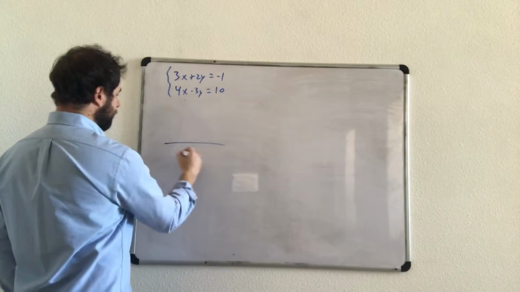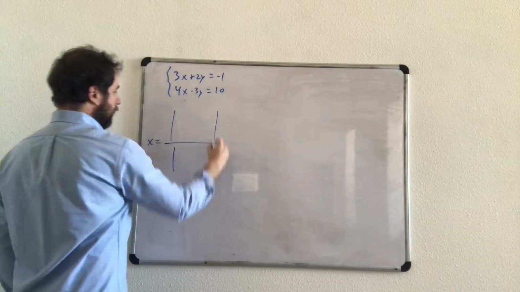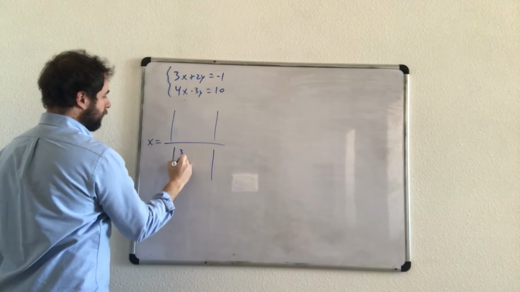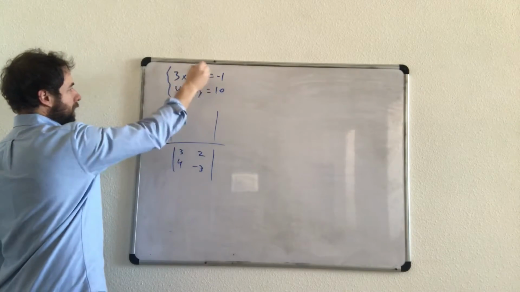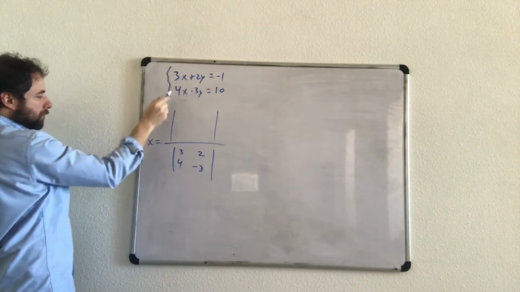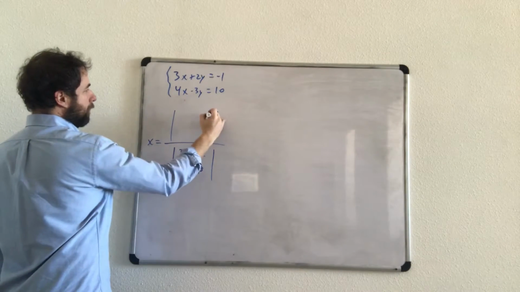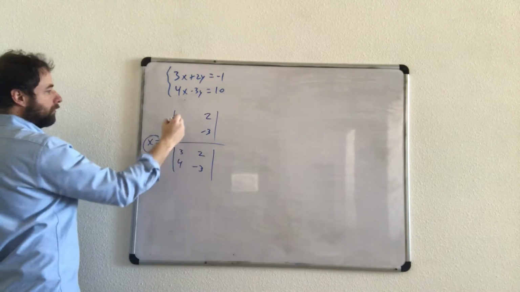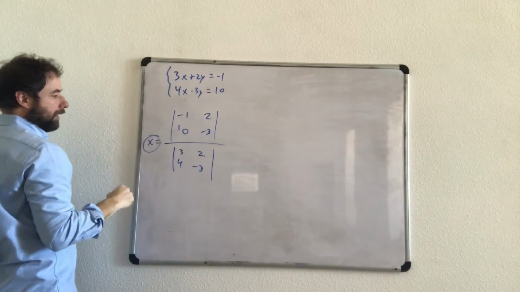But in order to solve for this, if we're solving for x, you would make something like this, and on the bottom we're going to put 3, 4, 2, negative 3. So we're just making a matrix, taking these numbers, 3, 4, 2, negative 3. Now on the top, you'll put 2, negative 3 in place of y, but since we're solving for x, we're going to put the answers, these, in place of x.